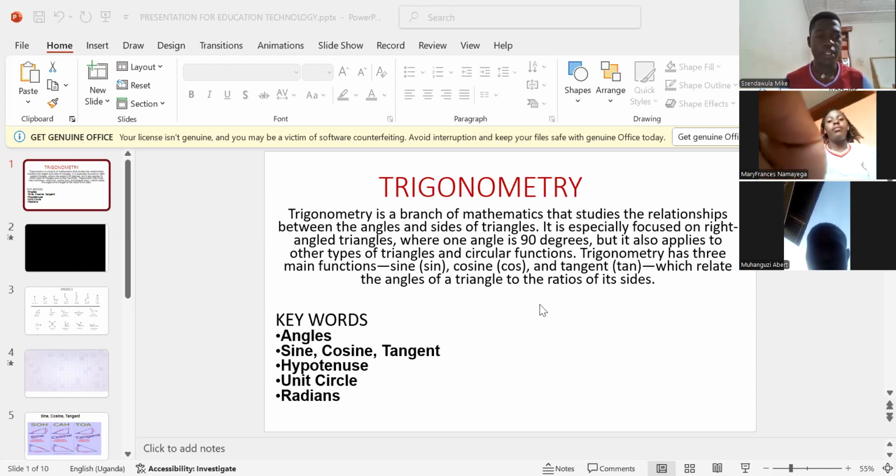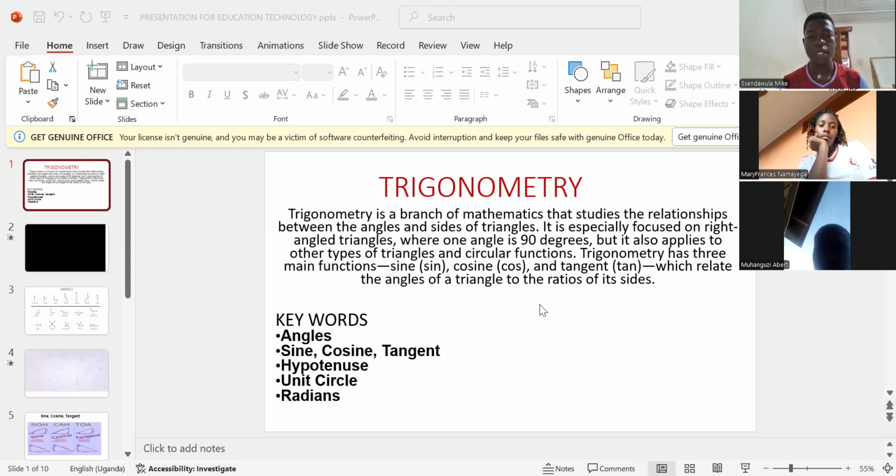So basically, we are going to look at mathematics, and specifically we are going to handle the part of trigonometry. Before we go any further, I want to introduce my group members and myself. Then I have Sabat.